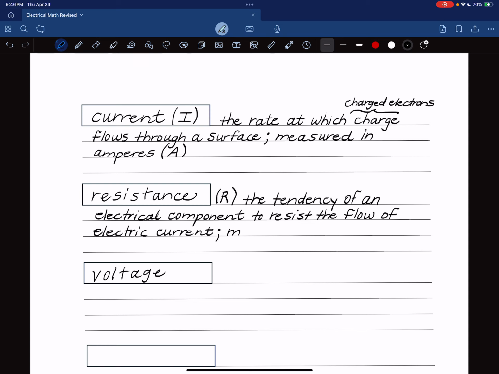Resistance is measured in ohms. And the symbol for ohms is the Greek letter omega. And it's hard for me to draw, but it's something like that. It is not a letter. It is a letter. It's a Greek letter, but it's a symbol for ohms.